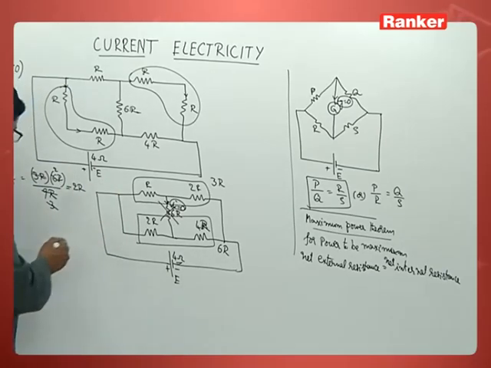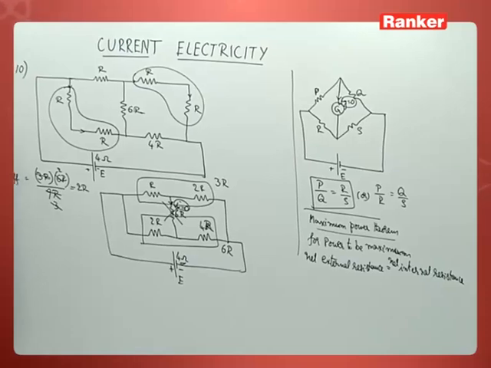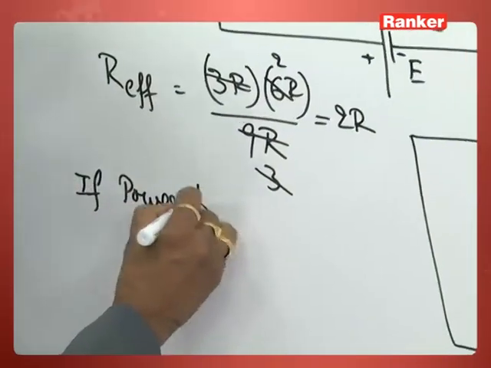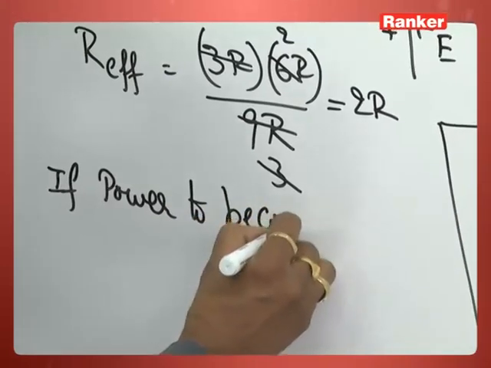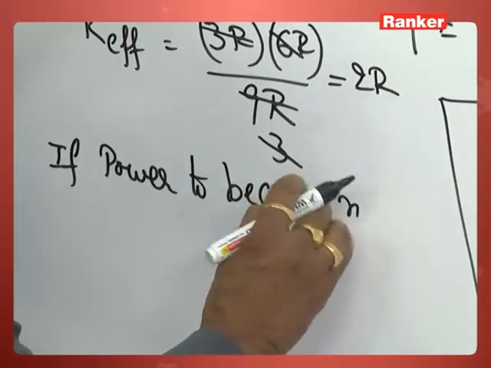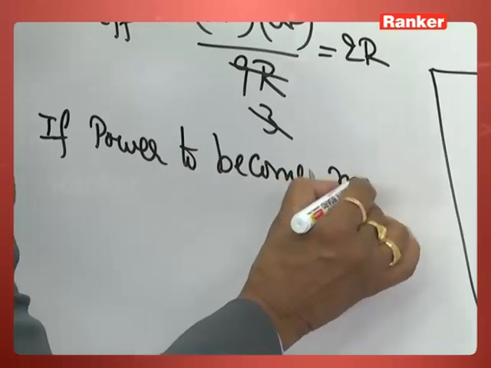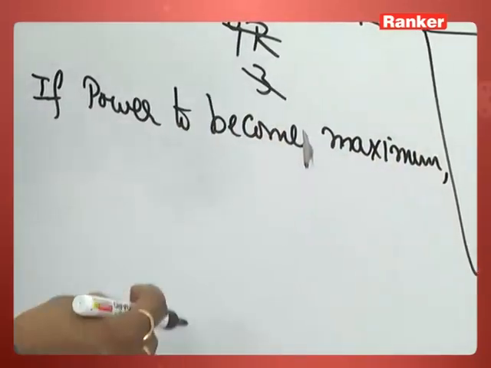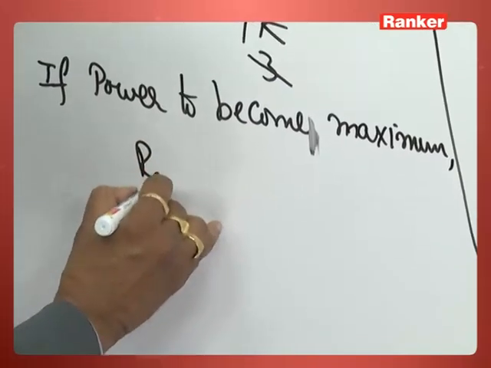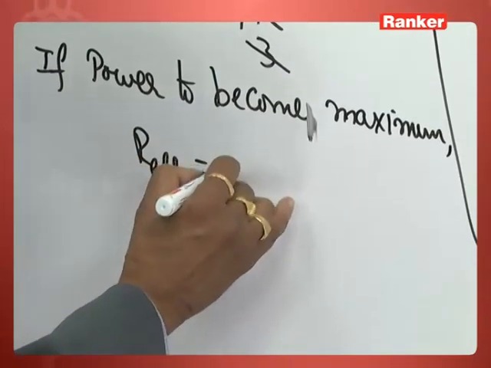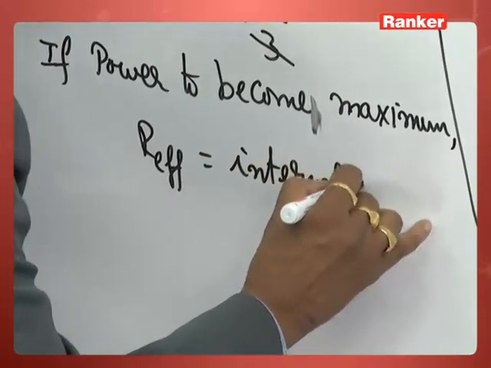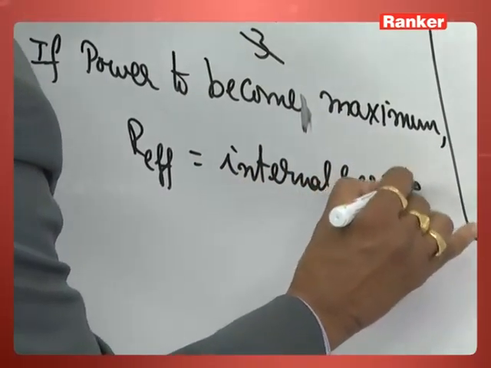So if power is to become maximum, what is the condition? The condition is simple. R effective must be equal to internal resistance of the cell.